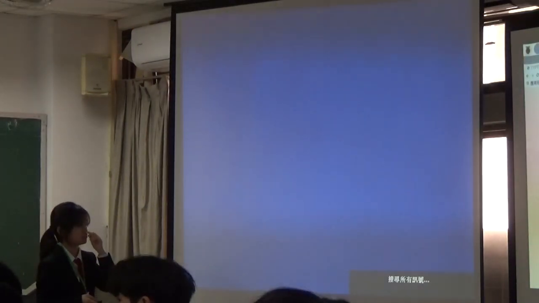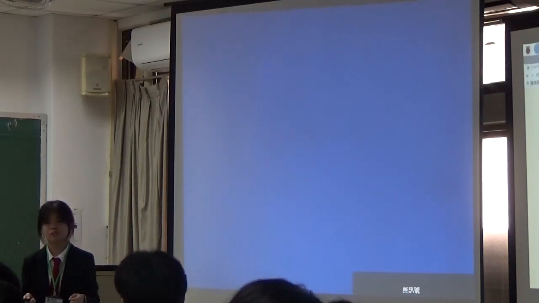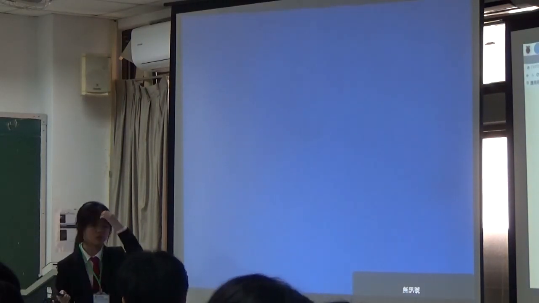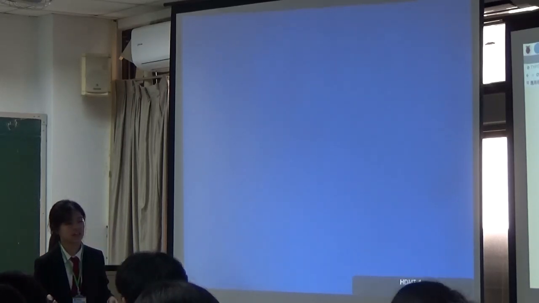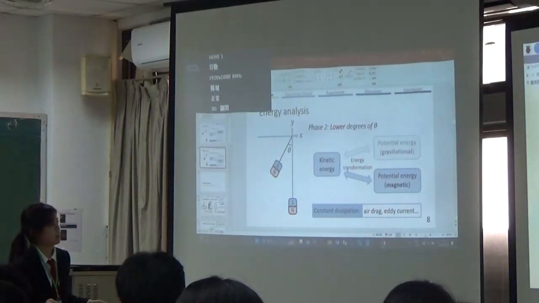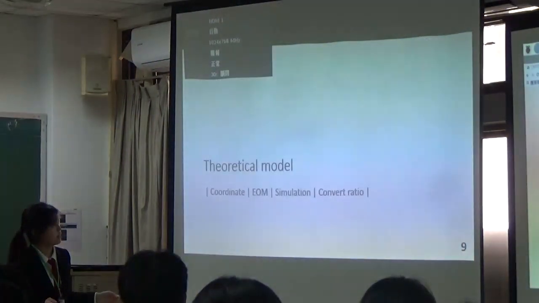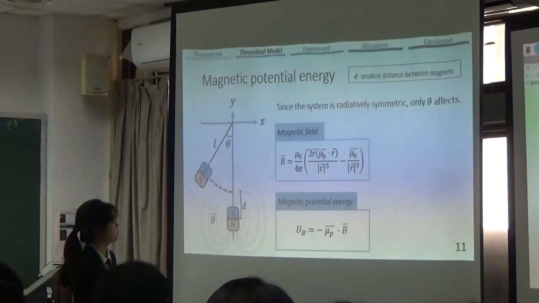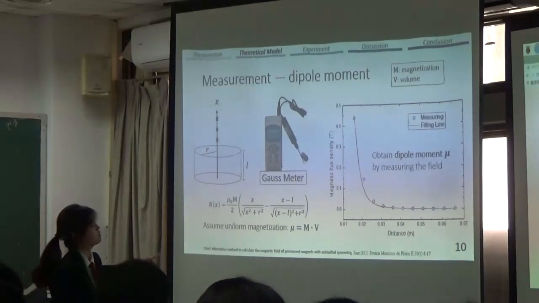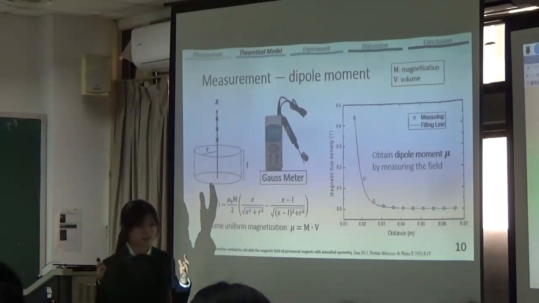And then is the theoretical model. We will use the Lagrange equation to investigate this phenomenon. To measure the field of the dipole moment, we use a Gauss meter to measure the magnetic field.